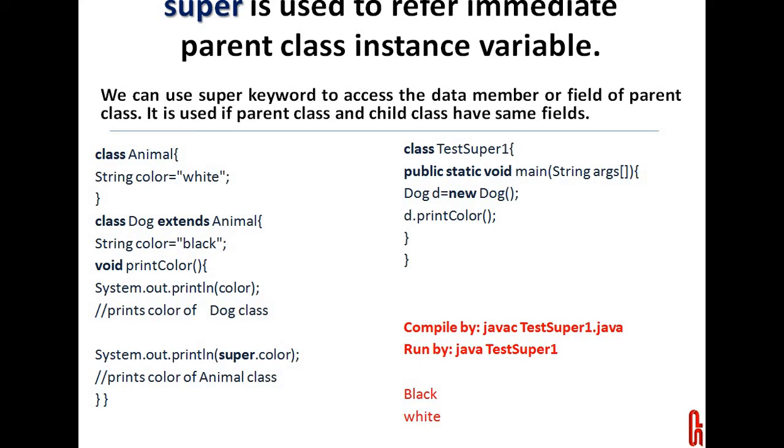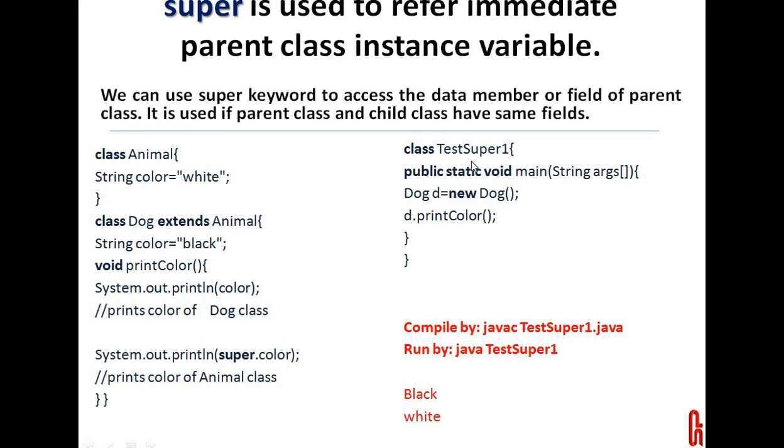In our printColor method, two output statements are there. One displays the color of the Dog class, that is our subclass of the Animal class. The second System.out.println output statement displays the superclass color, that is, this statement prints the color of the Animal class.